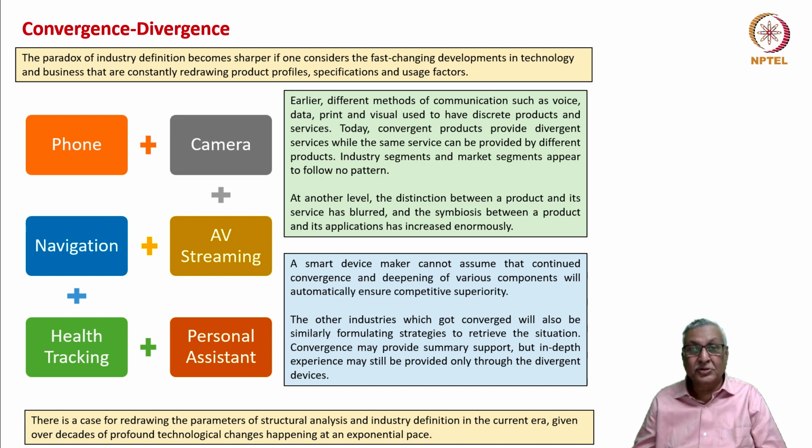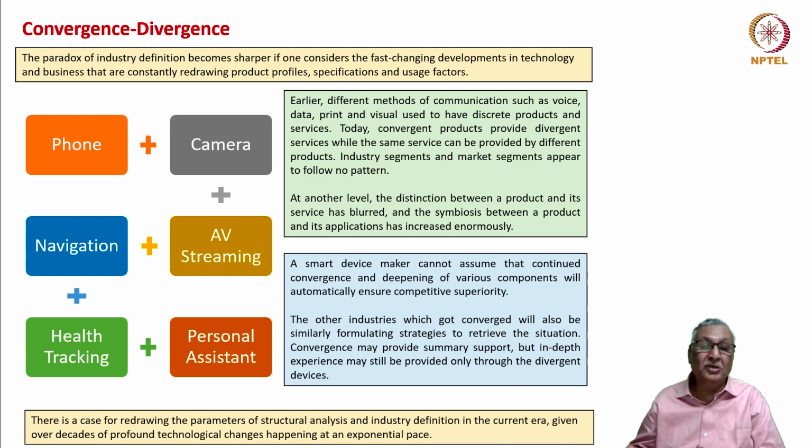In-depth experience has to be obtained from divergent devices. Ultimately, no one can really provide the same level of AV streaming quality as a television provides, and television cannot provide the same AV streaming quality as a theater would provide.